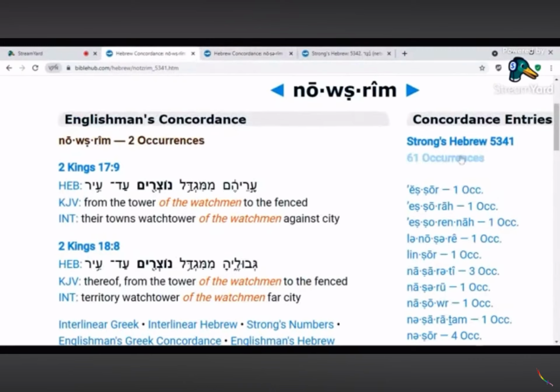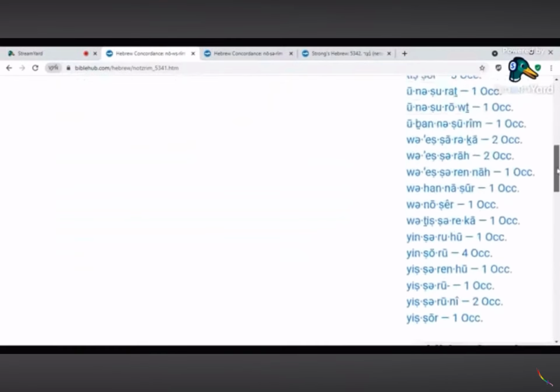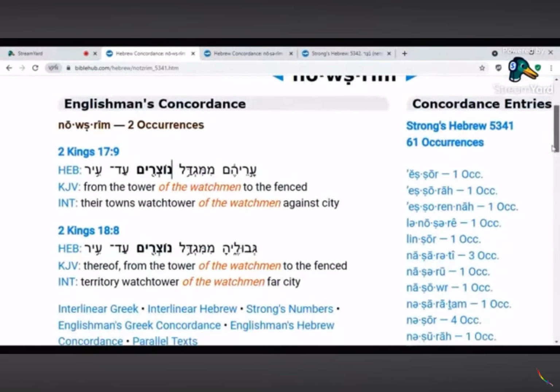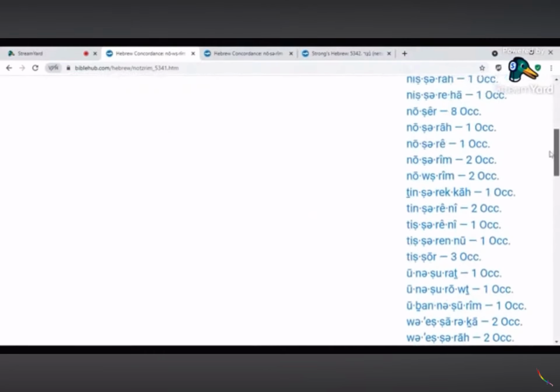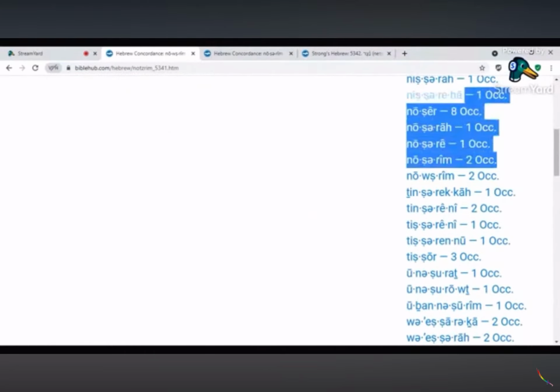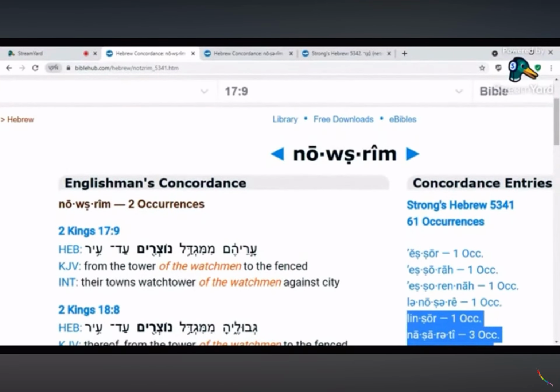So in total you have 61 occurrences of Strong's Hebrew word 5341 in the Masoretic text, and it's got the whole list down here, going down here, of all the occurrences. But I would suggest that really we have to separate these ones up to about here.